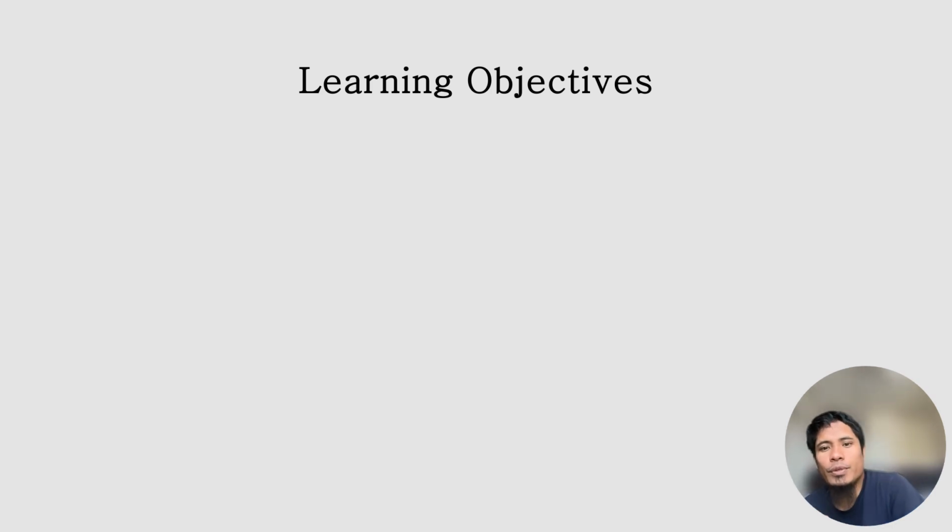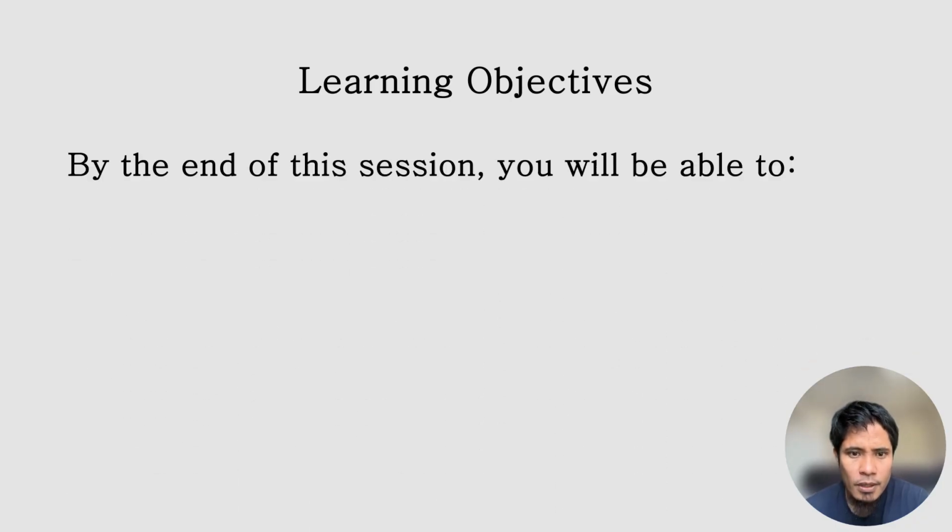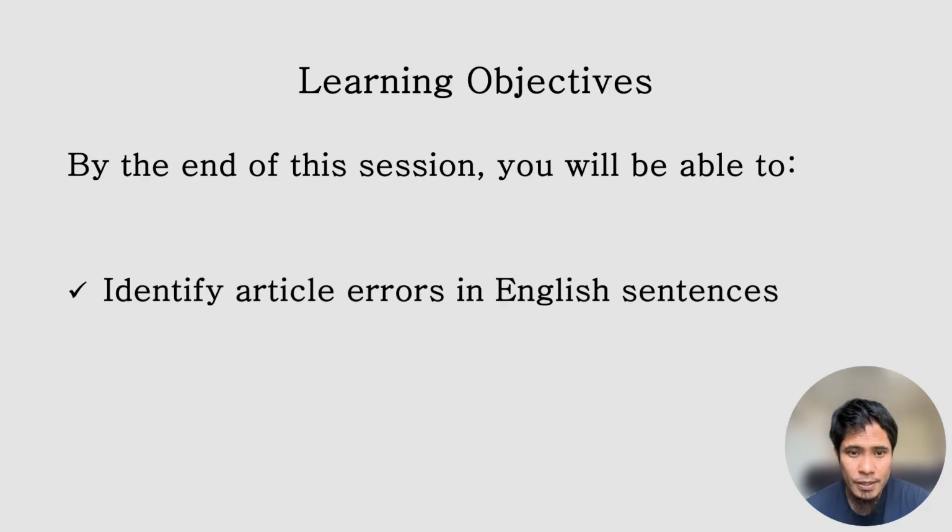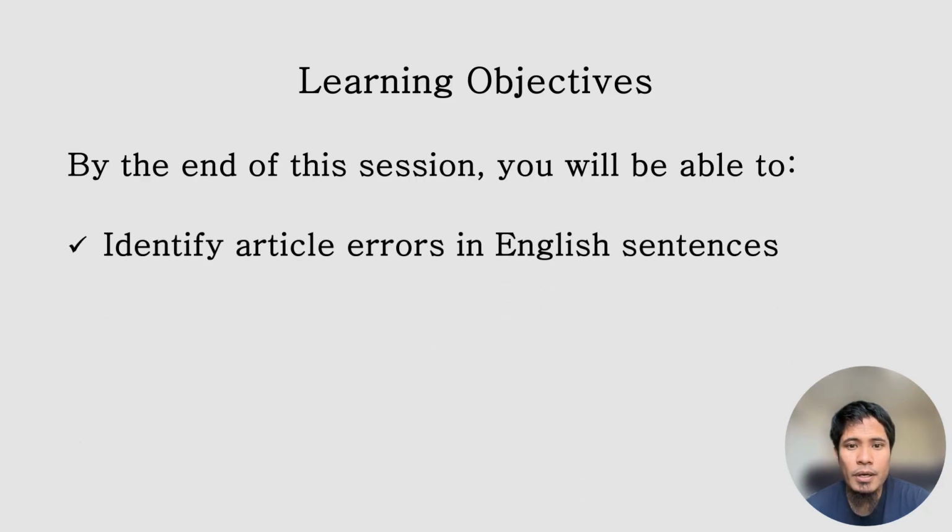Before we move into examples and practice, let's take a moment to understand our goals for today's session, our learning objectives. Inshallah, by the end of this meeting, all of you are expected to develop 4 important skills. First, you will learn how to identify article errors in English sentences.